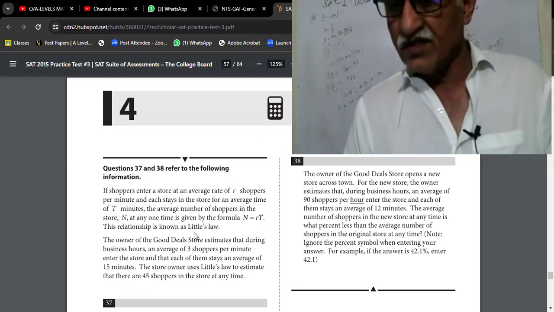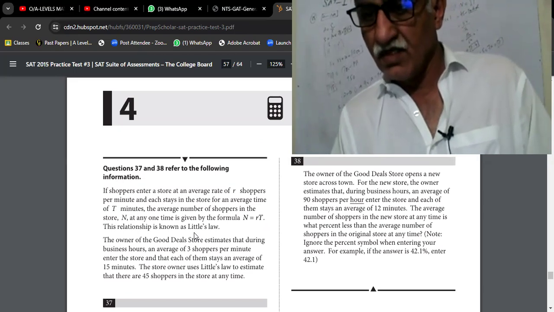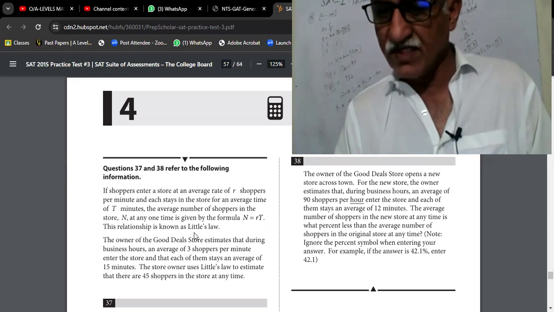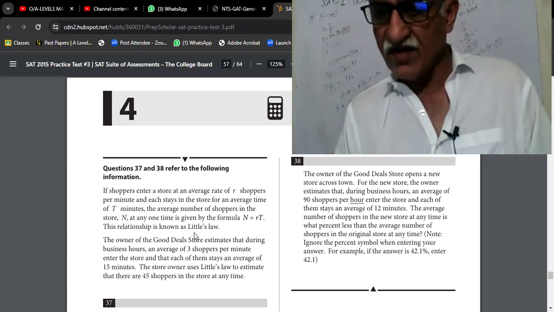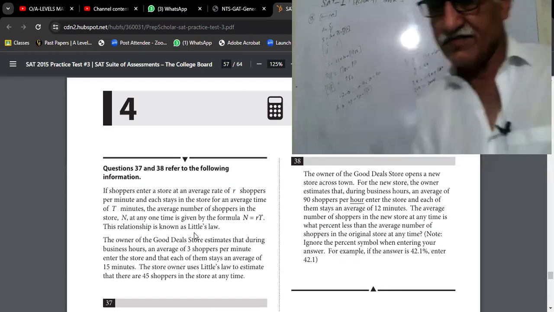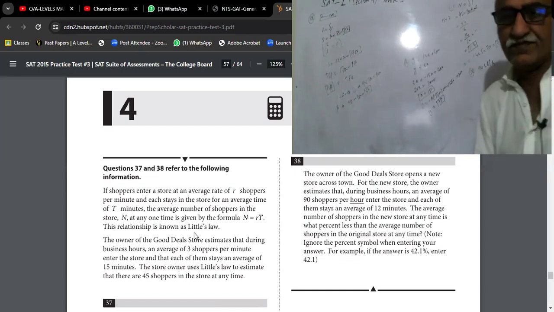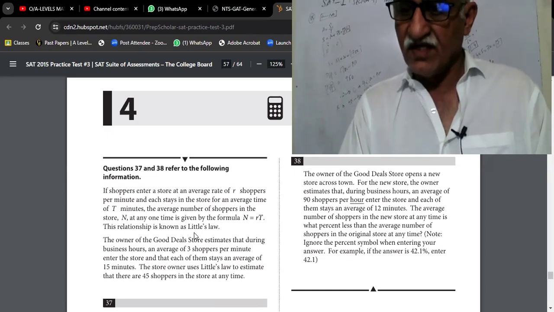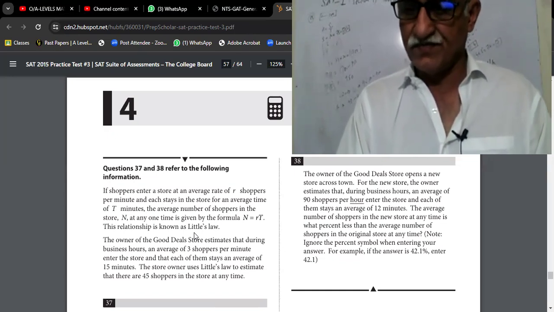The owners of the Good Deal store open a new store across town. For this new store, the owner estimates that during business hours an average of 90 shoppers per hour enter the store, and each of them stays an average of 12 minutes.